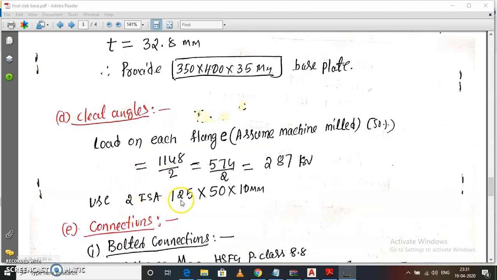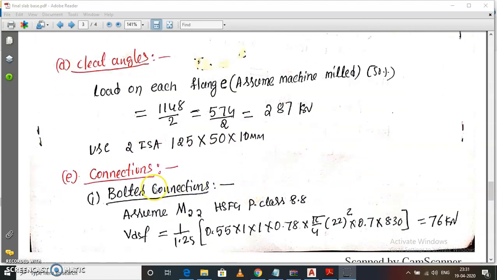So use 2 ISA 125 by 50 by 10 mm cleat angles. So we have directly decided. Or else you can use the formula TD is equal to some formula, based on that you can find out the area of the cross section, and then select the cleat angles. But as the load is less, we have taken directly.